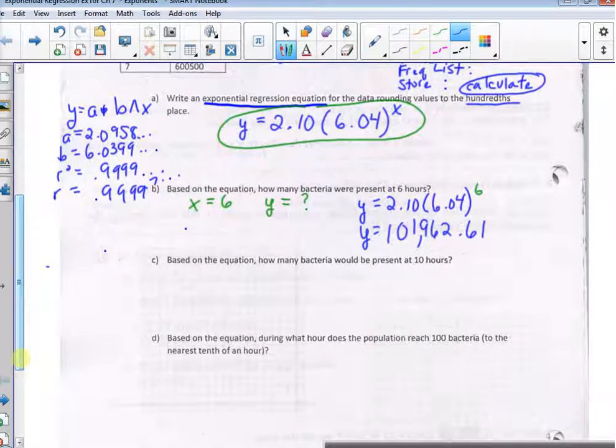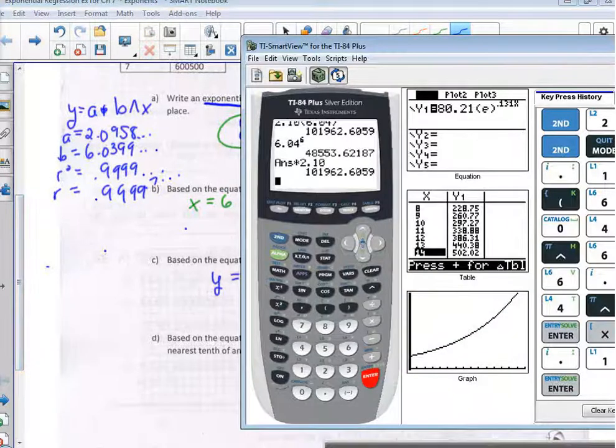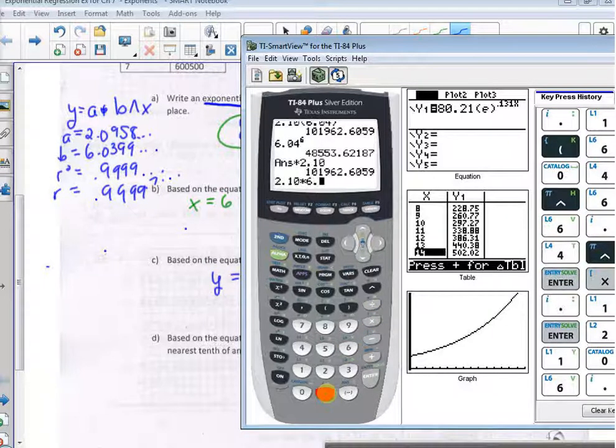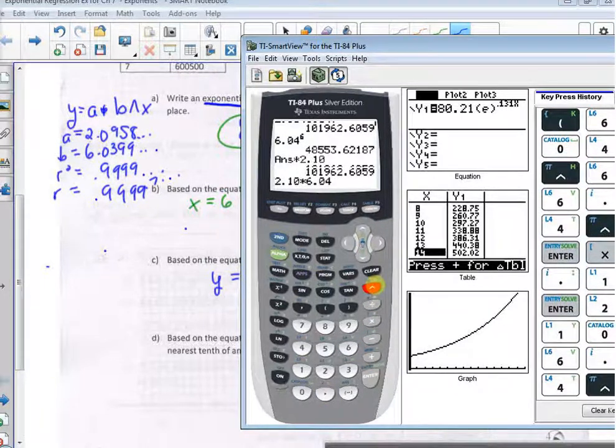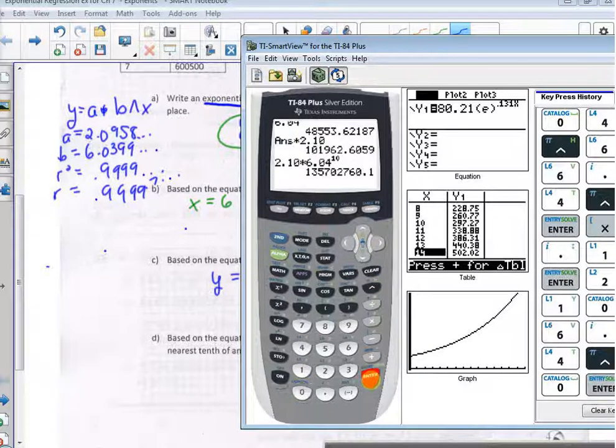Then for part C, based on the equation, how many bacteria would be present at 10 hours? So same thing, y equals 2.10 times 6.04 to the 10th. So 2.10 times 6.04 to the 10th. And so we get this big number here.